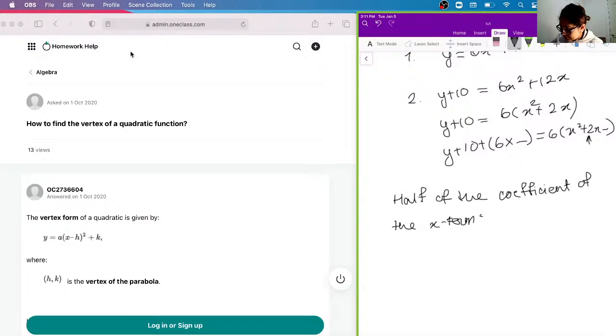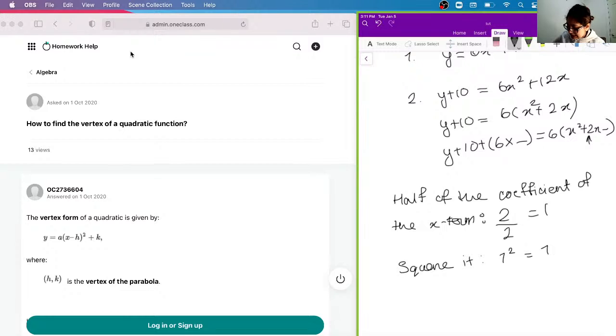And so in this case, it's 2x. So you do 2 divided by 2, 1. And then you have to square it. So you have 1 squared, which is just 1. So therefore, our missing term is 1.